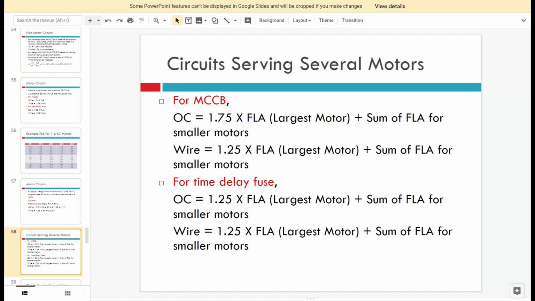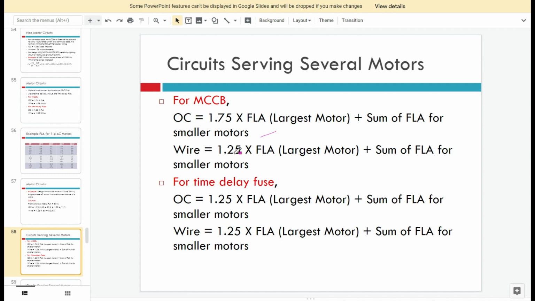In some cases, the circuits will serve several motors, not only one but several motors. So for MCCB or MCB, normally for the overcurrent, we use this equation: 1.75 times FLA of the largest motor plus the sum of FLA for smaller motors.